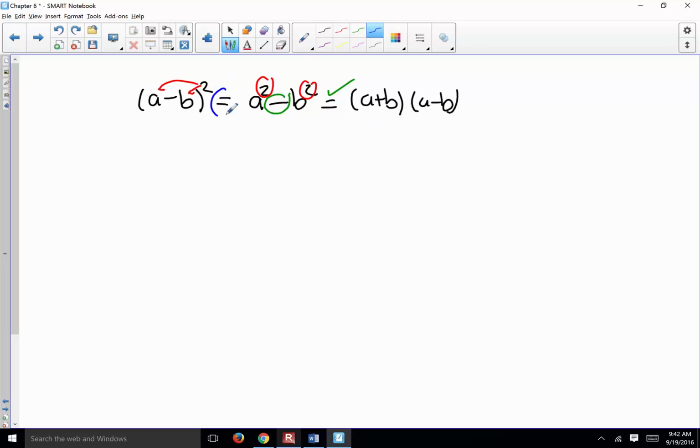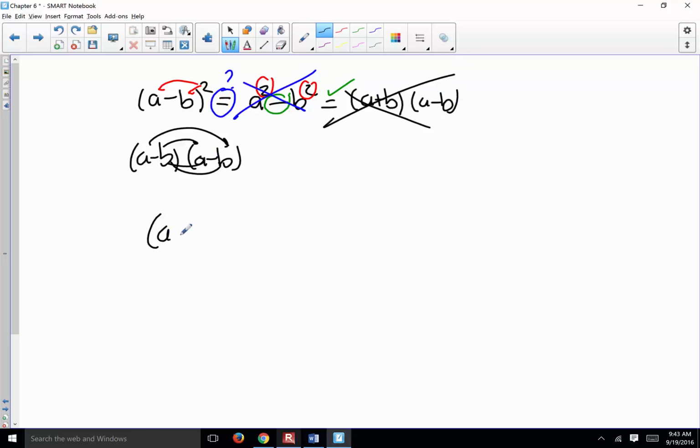Question is, is this correct? Can I pass a square inside like this? A square and B square? Wrong. We cannot. How can I square A minus B then? You need to double it and FOIL it. First, outside, inside, last. So this is incorrect.